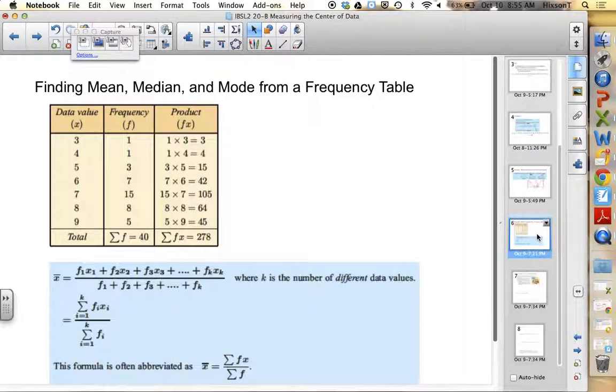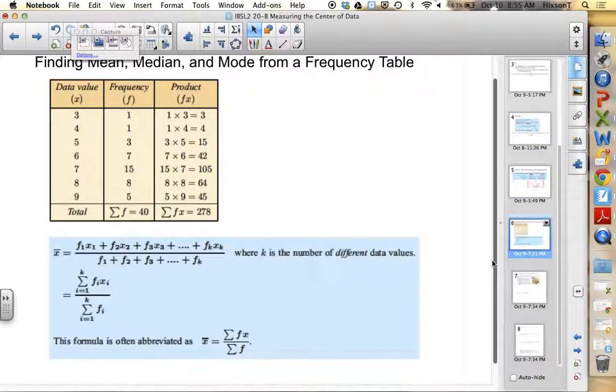We have these data values and then they occur a certain number of times. The value 5 occurred 3 times and 8 showed up 8 times and so forth. Well, when you're finding the mean, notice how the formula changes a little bit.